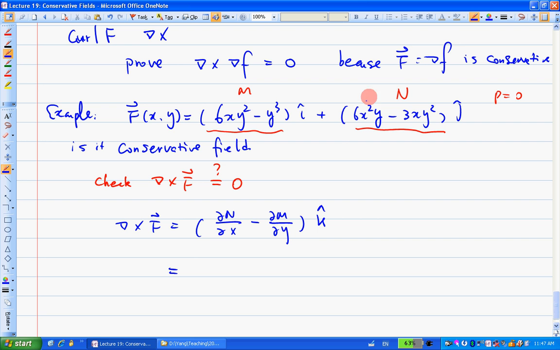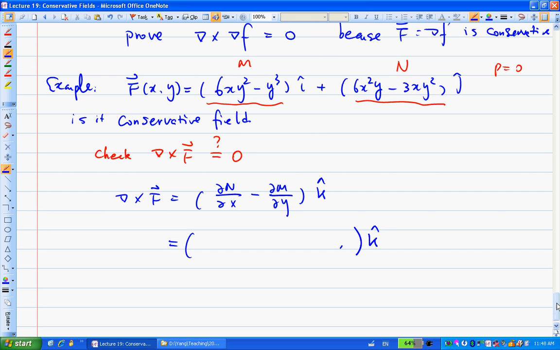This is n here, so partial n over x. I'll give you an exercise here. What's the partial derivative? Let's try it out. You do it, calculate, and see if you get the same results as what I have here.